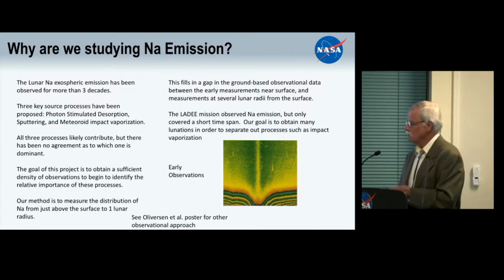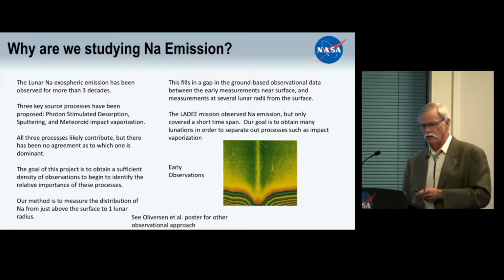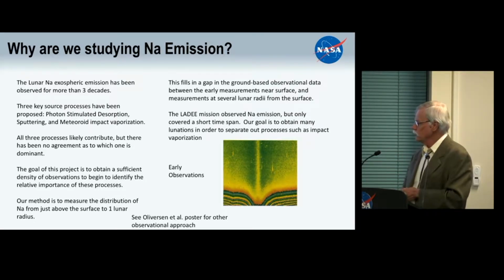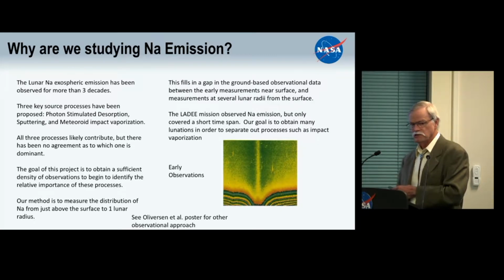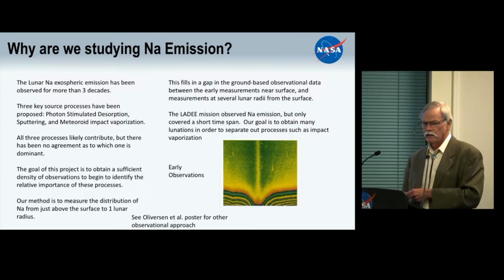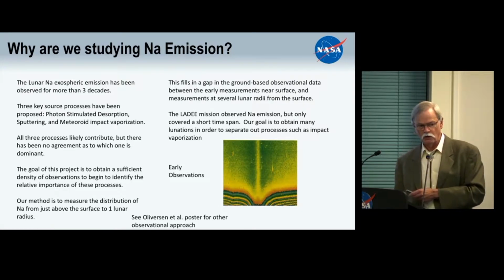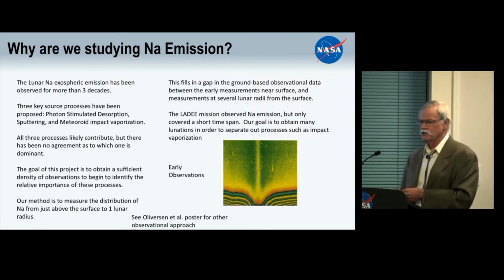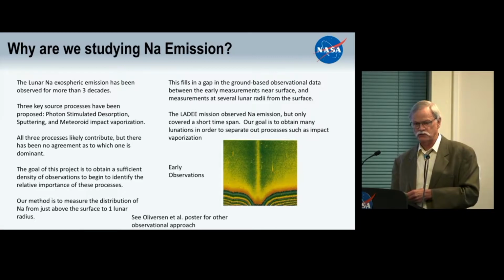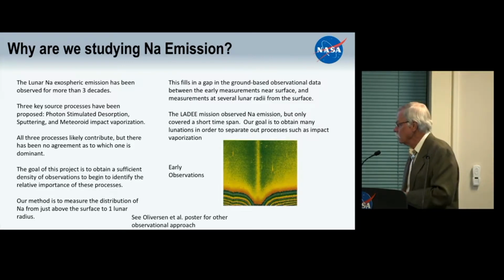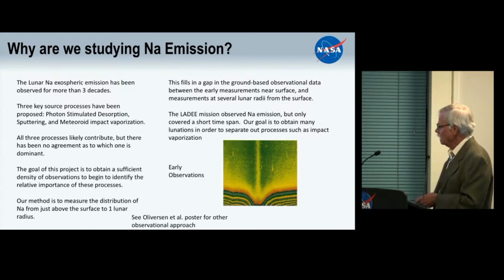LADEE observed sodium, but it only covered a few lunations, and for two of these processes, impact vaporization in particular, you just can't do that in 100 days. You've got to have a long period of time because you're dealing with what is to some extent a stochastic process. You can't control it.